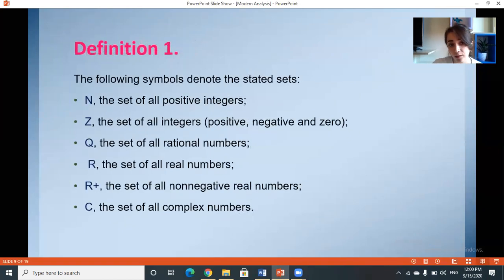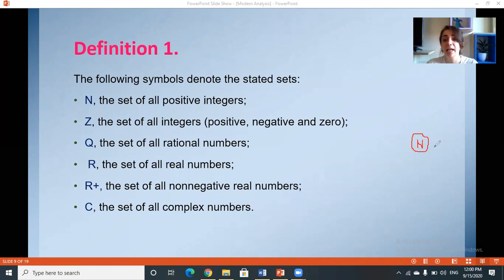Definition. The following symbols denote the stated sets. N, you know, is the set of all positive integers. Let it be just N, natural numbers, positive integers. Okay, Z is the set of all integers, positive, negative, and 0.